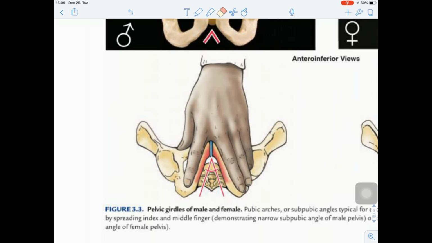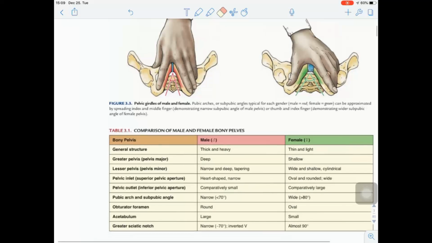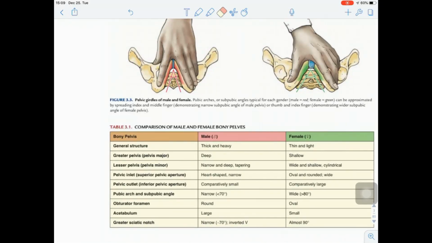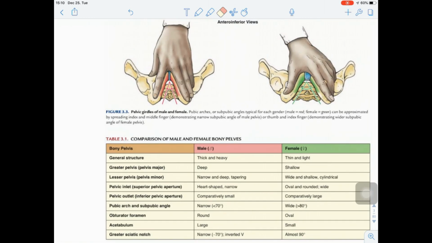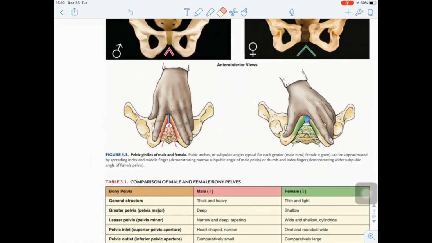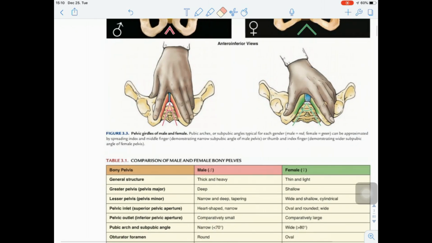You can try it, it's exactly like that. The table is here, you don't need to learn all of it, just the subpubic angle: in the male it is about 70 degrees and in the female more than 80 degrees. The rest of it, don't waste your time on it.